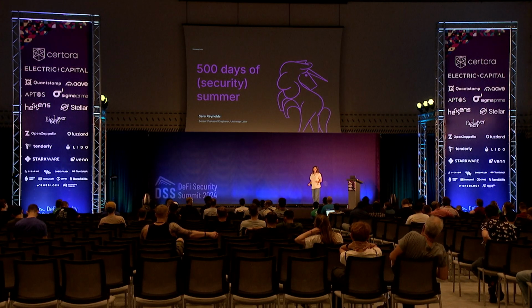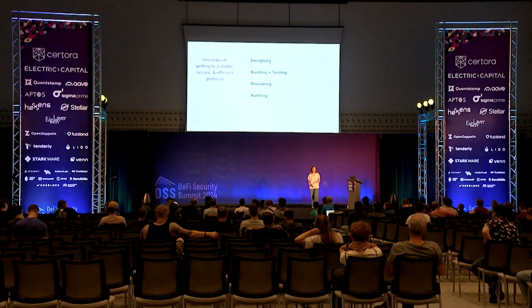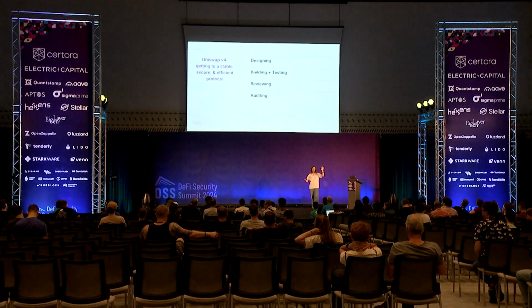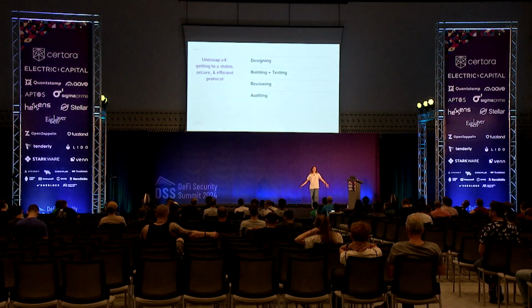And I'm going to talk a little bit about that today, but I'm also going to talk about the four, I guess, main phases, at least how I think we at Uniswap and probably a lot of other protocols think about when we write a new protocol, what are the four big phases we think about, and also how do we think about security at each of those phases. So the design phase, like what does the architecture look like?